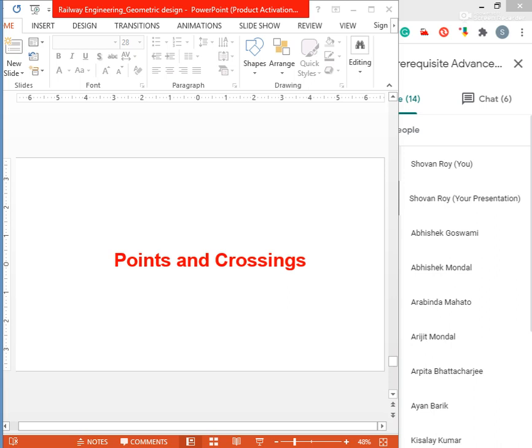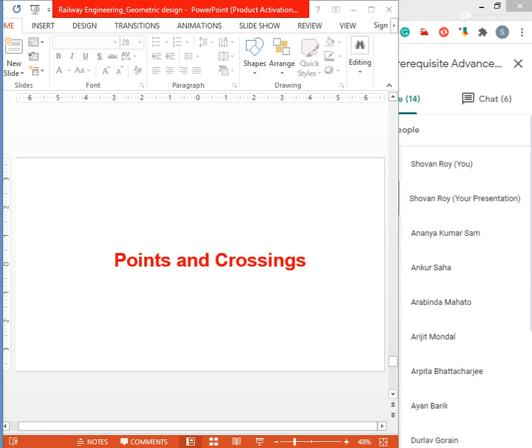For that purpose, points and crossings are required to provide corrective measures and special considerations. And for that purpose, we have this chapter, points and crossings.